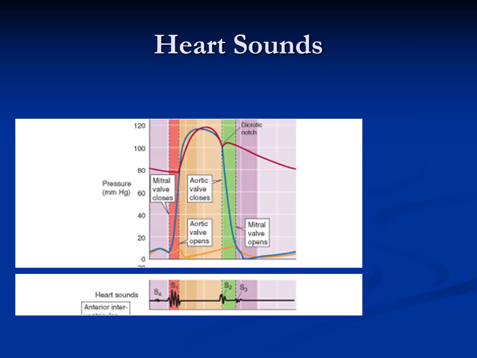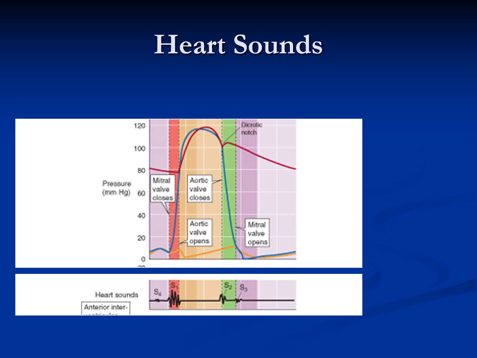Now, before we end, we've been talking a lot about closure of the mitral valve, closure of the aortic valve, and as we said, on the right side of the heart, same thing happens. Closure of the tricuspid, closure of the pulmonic. The closure of a valve makes a sound, and this is what heart sounds are. So the first heart sound, which we call S1, is the closure of the mitral and tricuspid valve, because they happen pretty much at the same time.